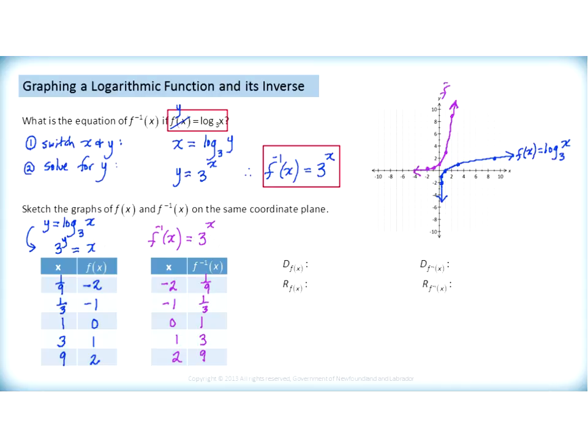So that is the graph of f inverse of x, which is an exponential growth, y equals 3 to the power of x. And similarly, as with all functions and their inverses, the two graphs will be reflections of each other in the line y equals x.